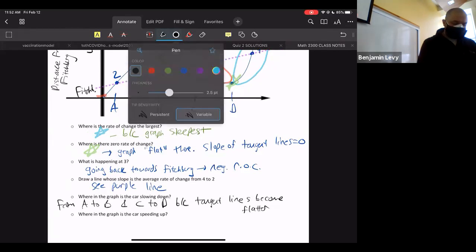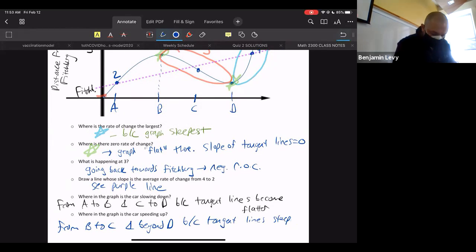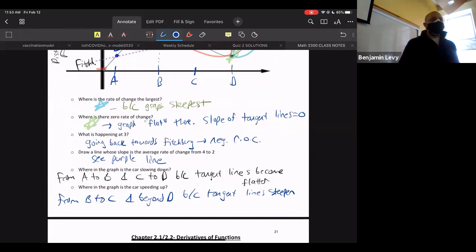Right, so speeding up could be from B to C and beyond D, because the tangent lines steepen. Let me try to make that a little more legible. Steepen, is that even a word?